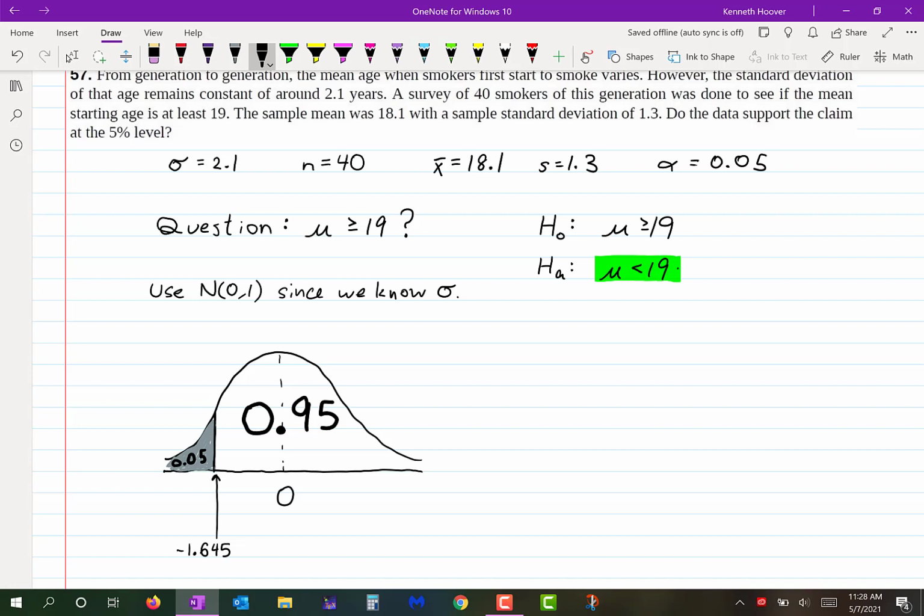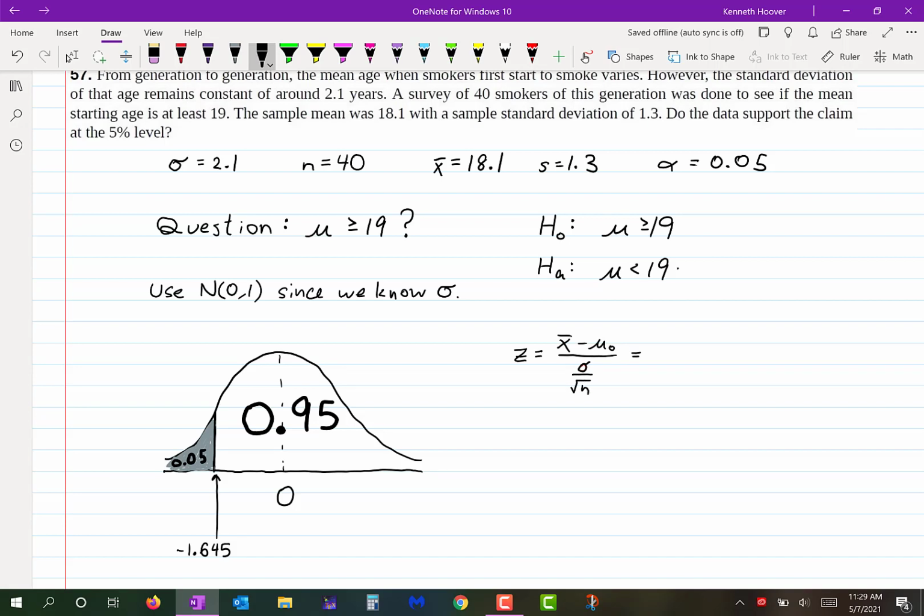Okay, now here's the only calculation we have to do. We find the z-score that goes with the sample we were given. Okay, our z-score is, remember the formula, it's x bar minus mu naught, which is 19. That's this number right here, that's mu naught. Okay, so x bar minus that divided by sigma over the square root of n.